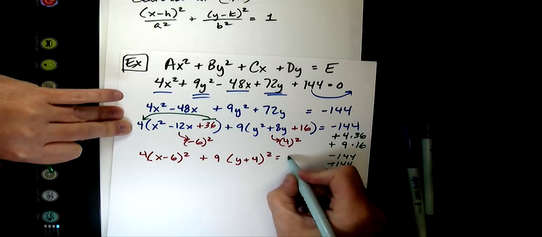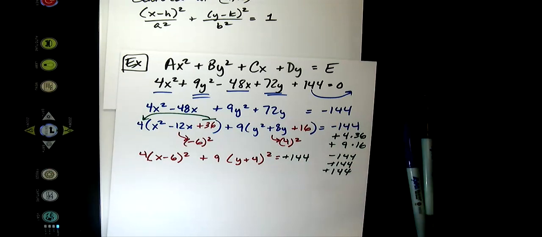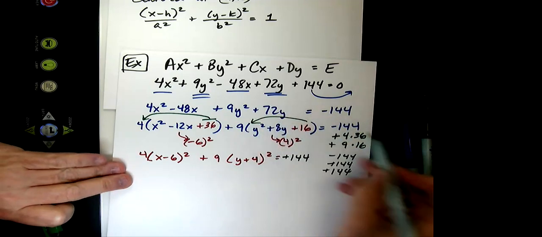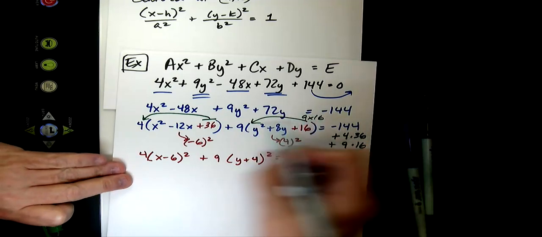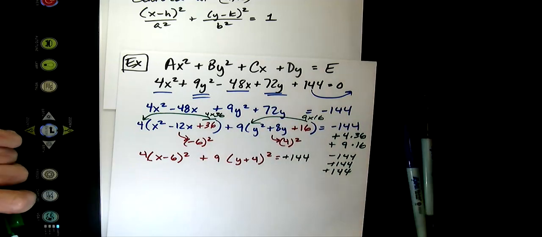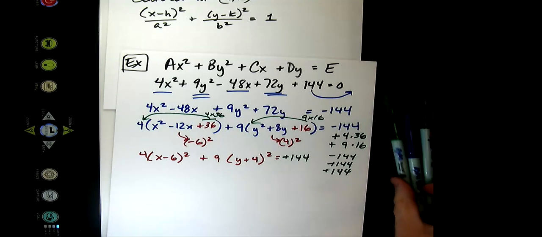We end up with a positive 144 on the right side. So we did 9 times 16 and 4 times 36. That's why I'm doing this today, and I'm going to do it again on Wednesday.